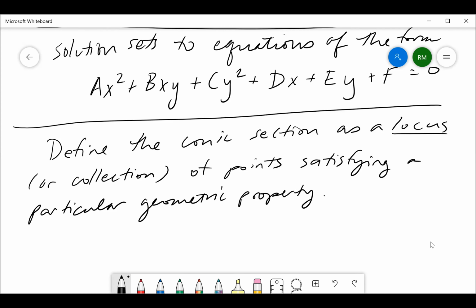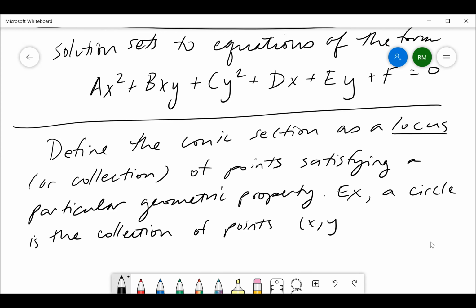For example, a circle is the collection of points x, y equidistant from the center h, k.